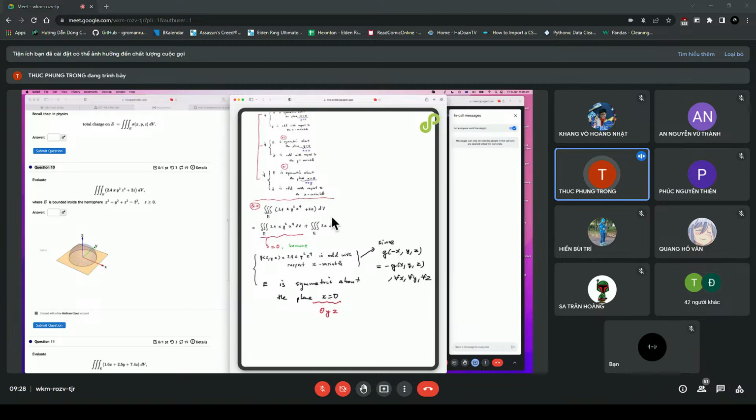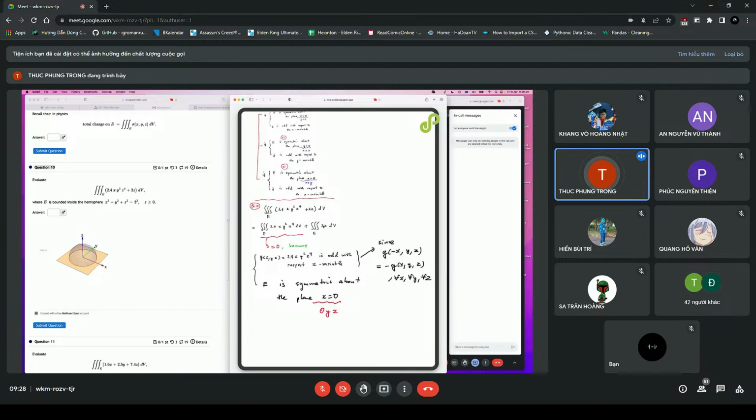And now we only need to worry about this, right? Whether we can say that this is 0. Now, the function 2z is odd with respect to z only. It's not odd with respect to s. You can use the definition and you can see that. This is also not odd with respect to y.